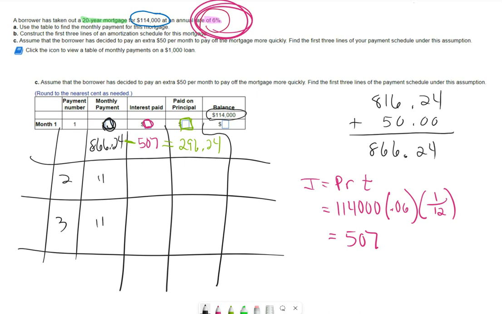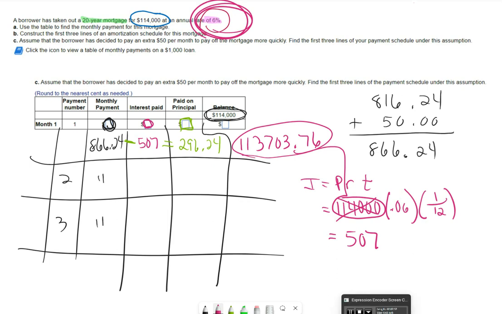So you're going to subtract the green number from your $114,000. And when I do that, I end up with a new balance of $113,703.76. And then when you go to calculate the new interest paid, this number you'll use here instead of the $114,000. You'll always use it.